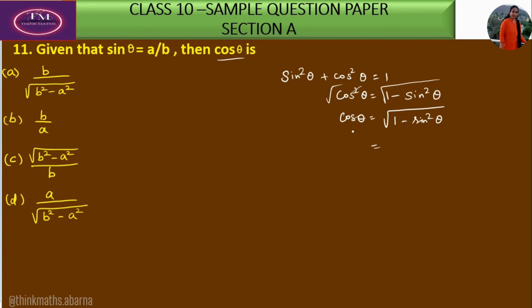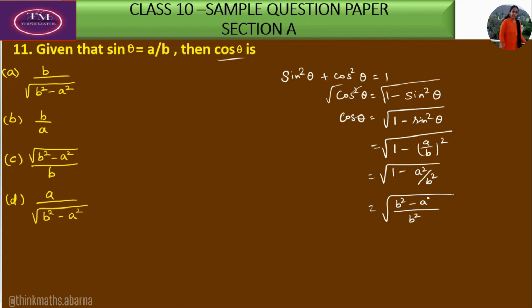So we got cos theta in terms of sine theta. Now applying the value 1 minus what is sine theta? It is a by b. So we have sine square theta, so it is a by b the whole square. So it is root of 1 minus a square by b square. So taking b square as LCM, then we will have b square in the denominator, and in the numerator it is b square minus a square.